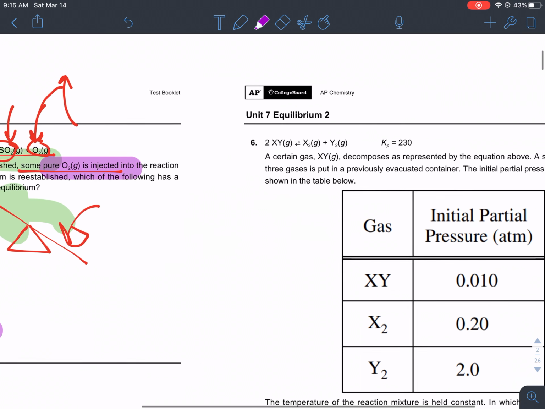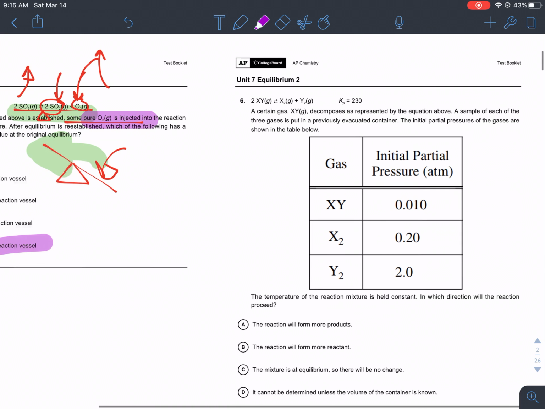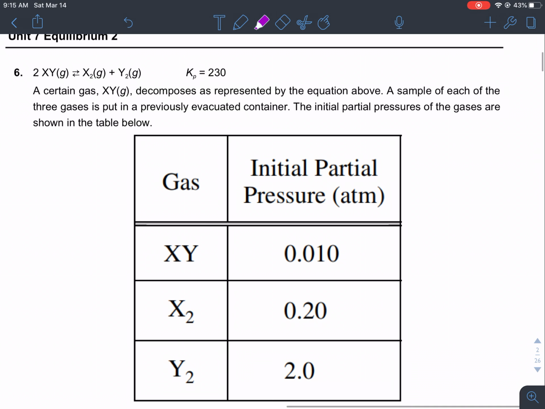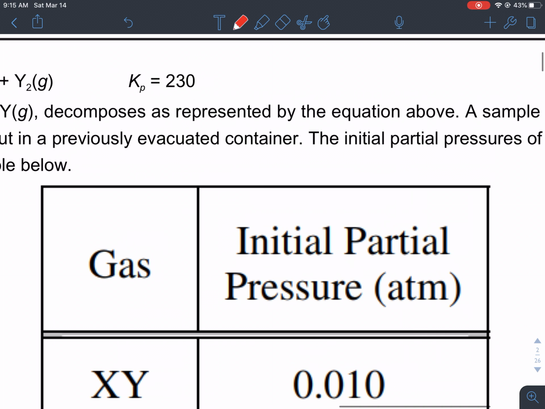All right, question number 6. Okay, this one is a little annoying because of the math involved, but it's actually very doable. So don't think about it too much. You have your Kp, and if you remember, K is products over reactants.